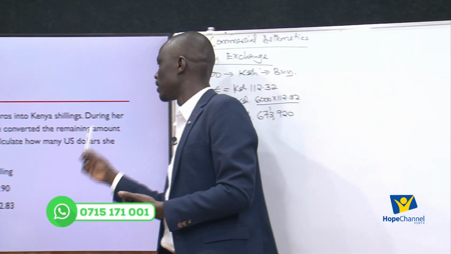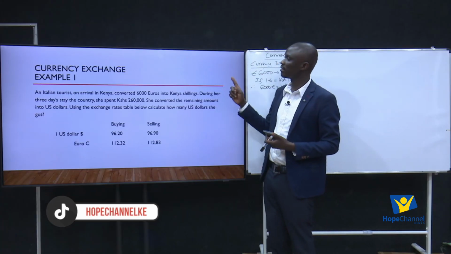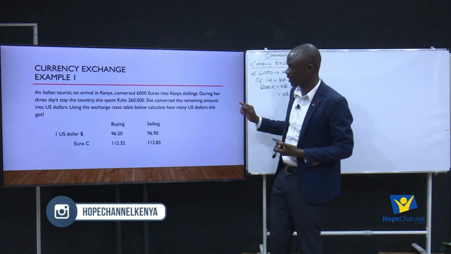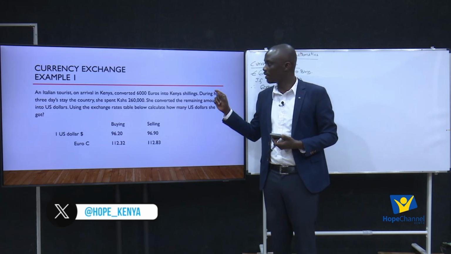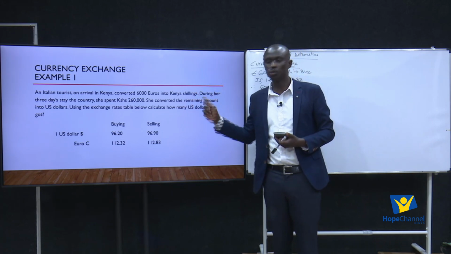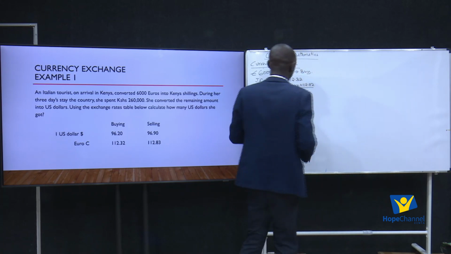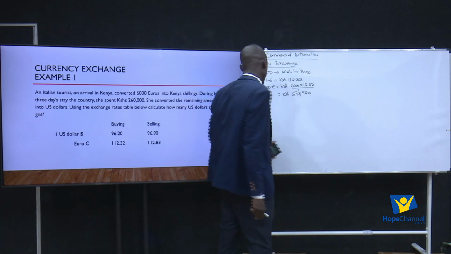Step by step, let's go to the second section. During her 3 days stay, the tourist was a lady, so during her 3 days stay in the country, she spent 260,000. So she had 673,920.